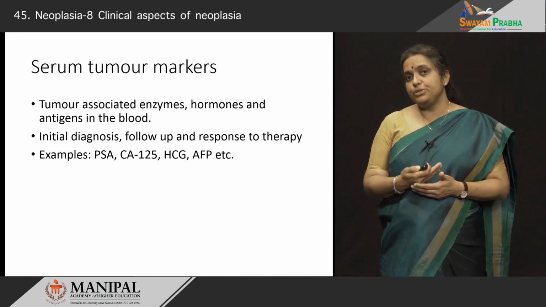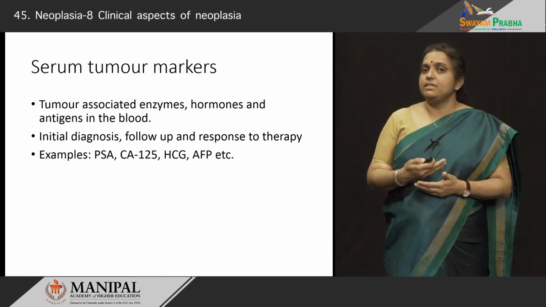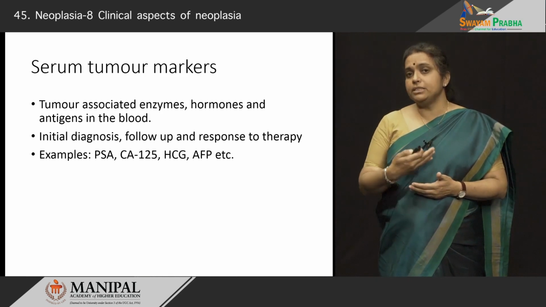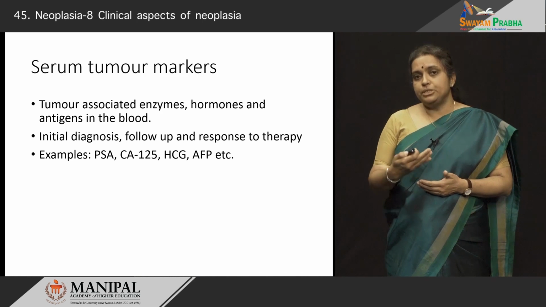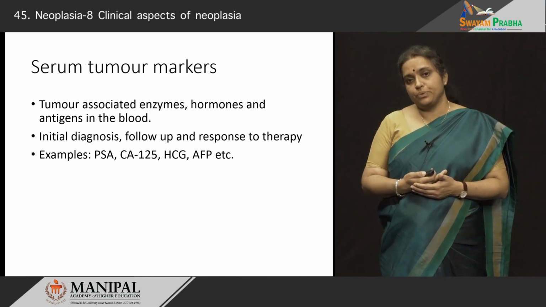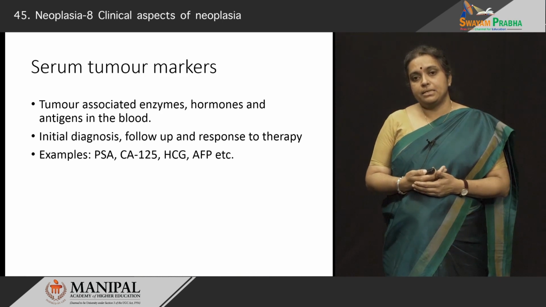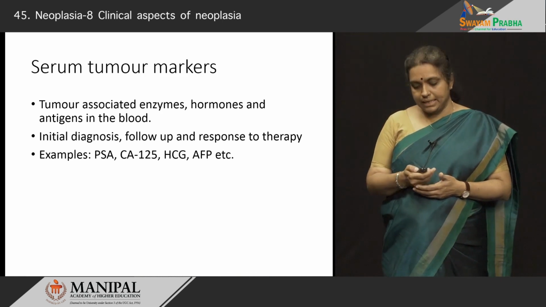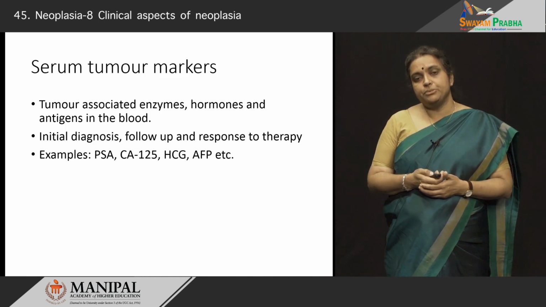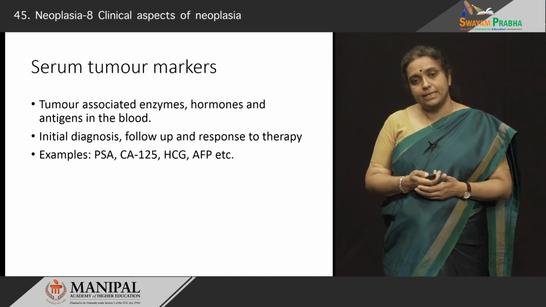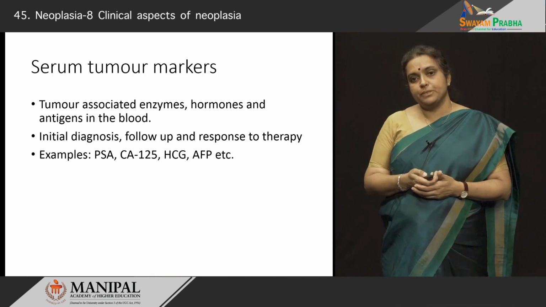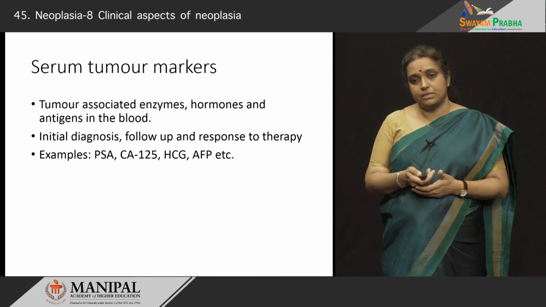Now, no longer is it used for screening, but it gives a very valuable idea on the tumor burden, and once the tumor is treated, on the response to therapy and so on. Some other examples are CA125 in ovarian cancer, human chorionic gonadotrophin in the germ cell tumors of the gonads, AFP or alpha fetoprotein also in germ cell tumors, and in hepatocellular carcinoma.